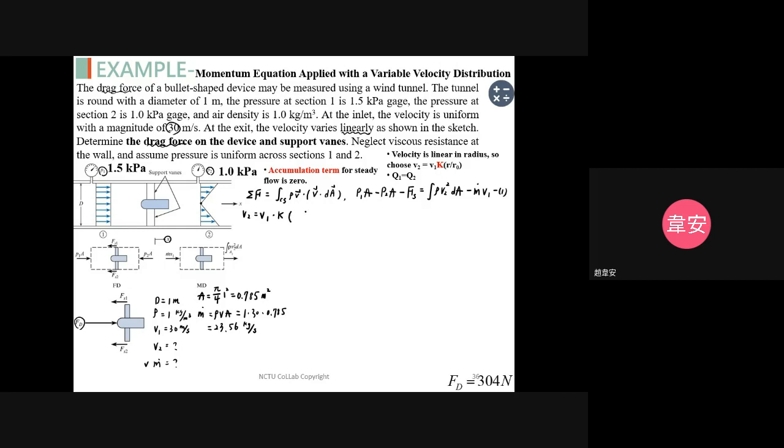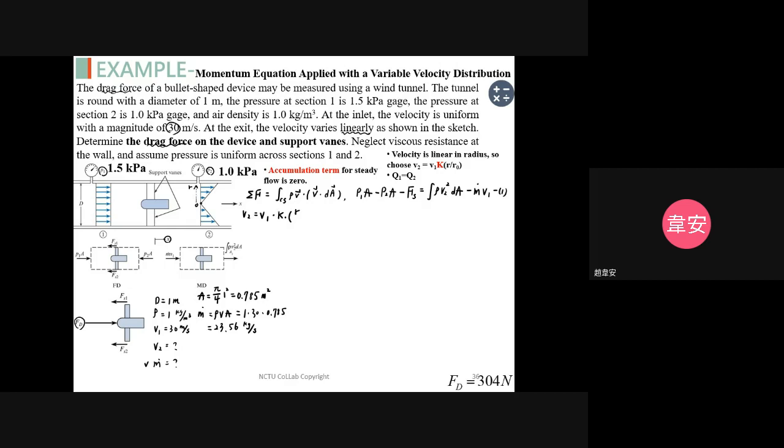And the V2 velocity is also a function of the radius. We assume the center of the profile is the 0 point, and along this direction is our radius direction. If the radius increases, the velocity increases with a linear relationship.